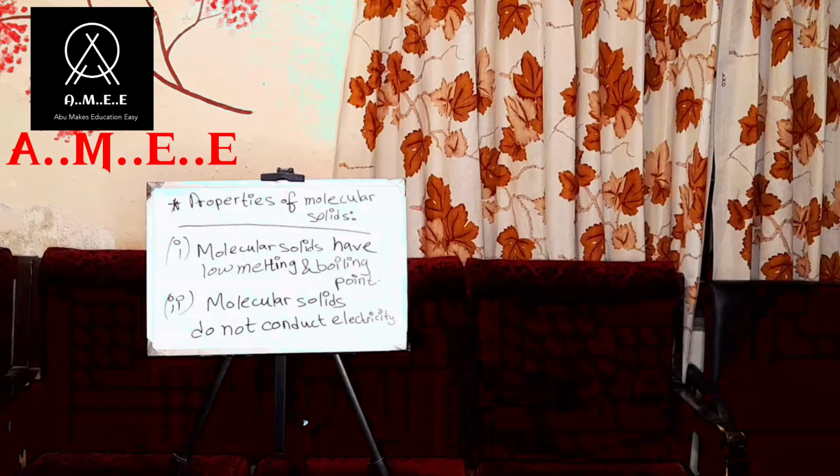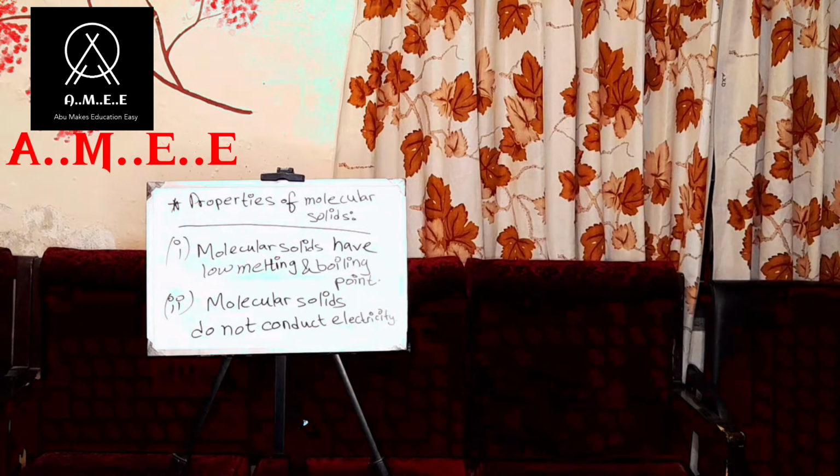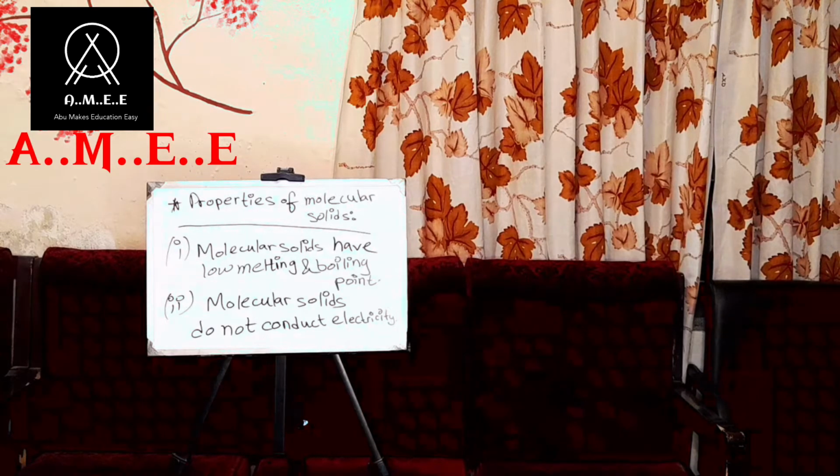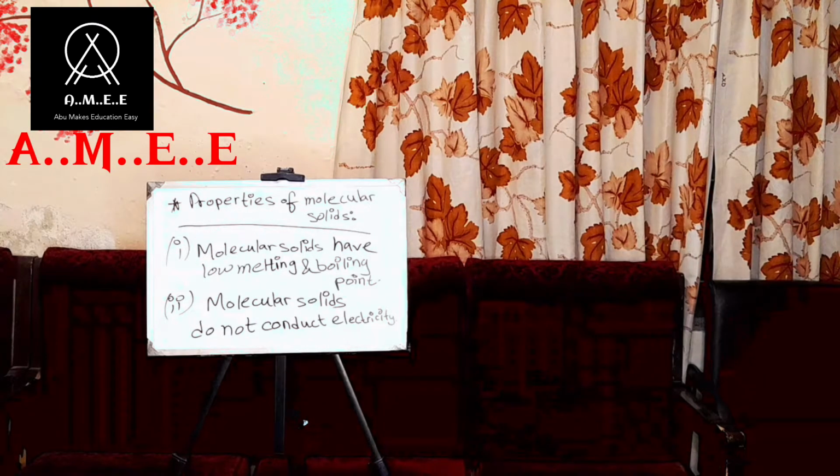But if you write it this way: the forces between the molecules are weak. Therefore, a low amount of energy is needed to overcome the forces between the molecules. Hence, it has low melting and boiling point.